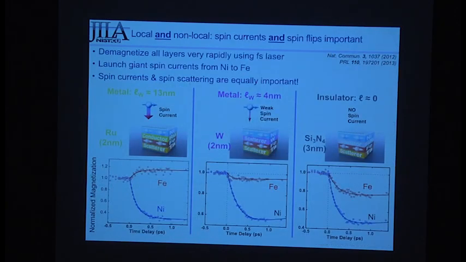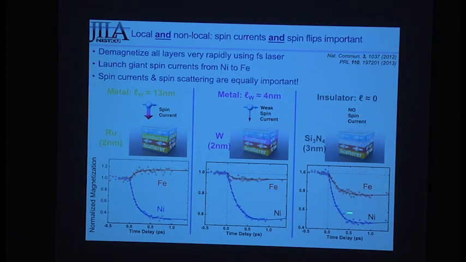So we did this series of experiments where we had the same multi-layers, but now spaced by conductors, spin scatterers, and an insulator where there would be no spin currents. And what you found is when you stopped the spin currents, you quenched the magnetization in both the buried iron layer and the nickel layer.